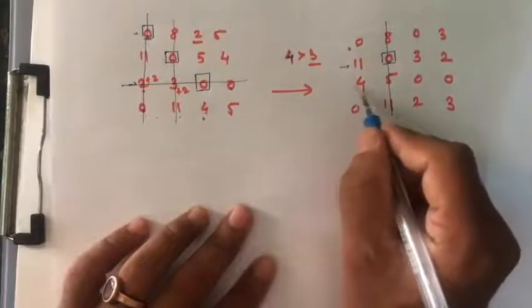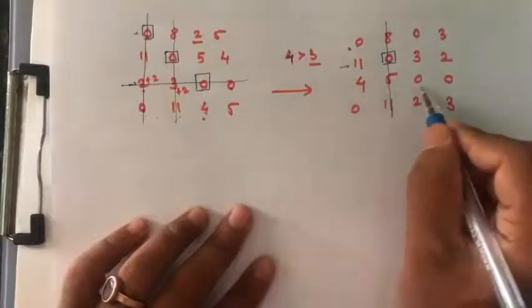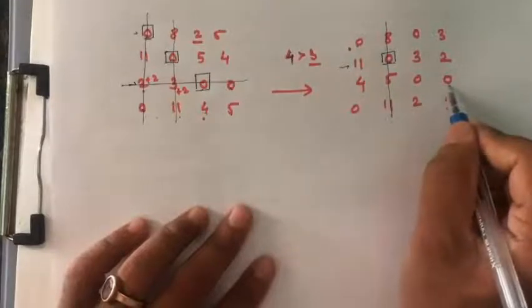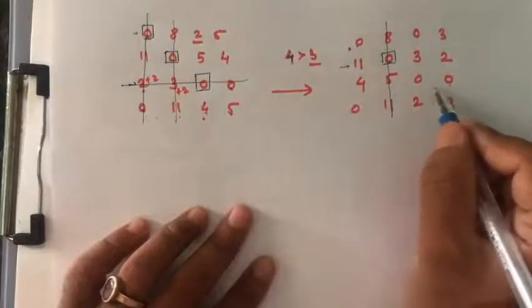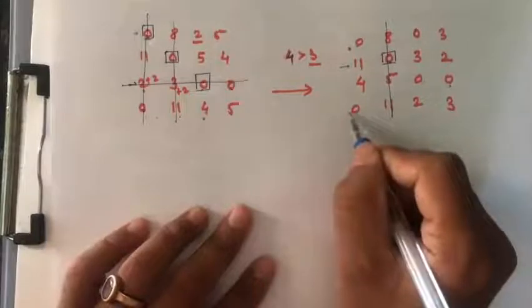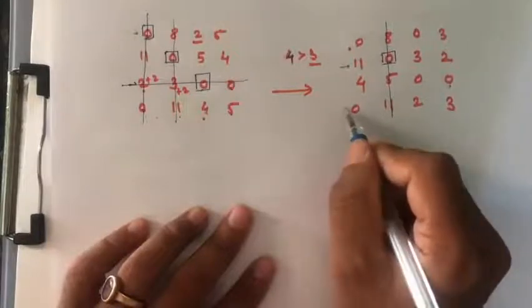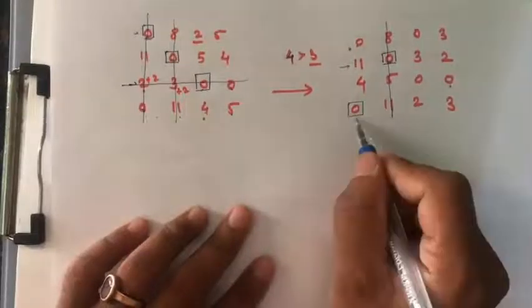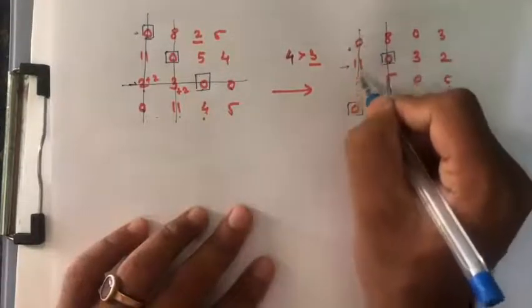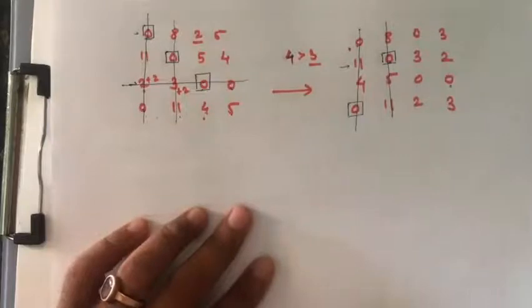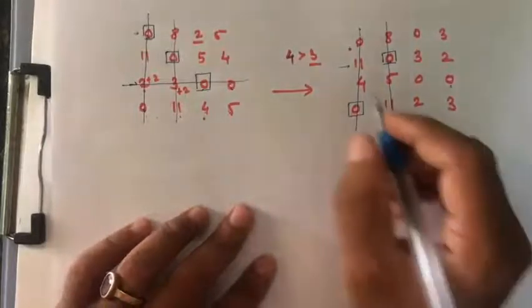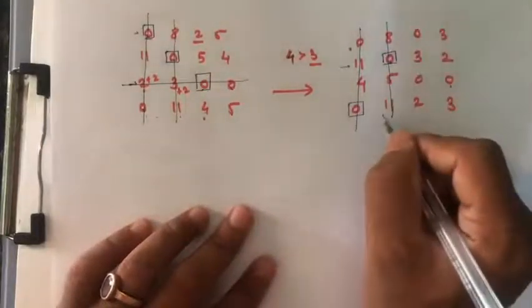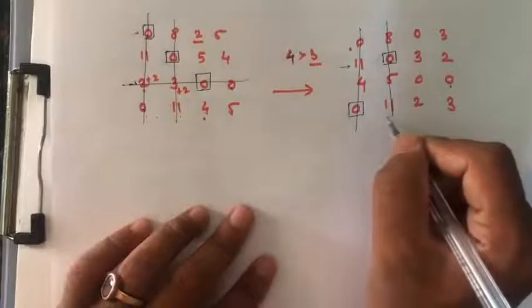Now when we go for row number 3, we have 2 zeros, so we leave it. After that, for row number 4, we mark a square on that 0 and draw one vertical line passing through that 0. Now we have to go for the column scanning.